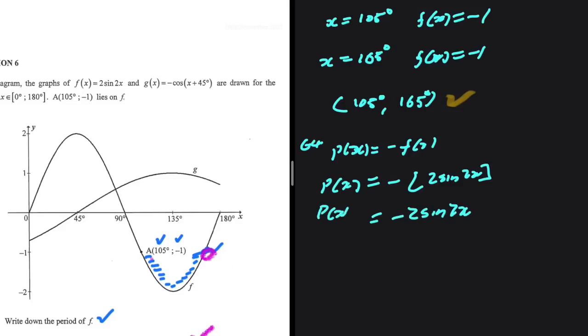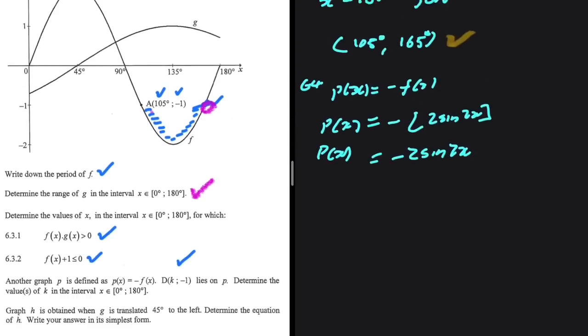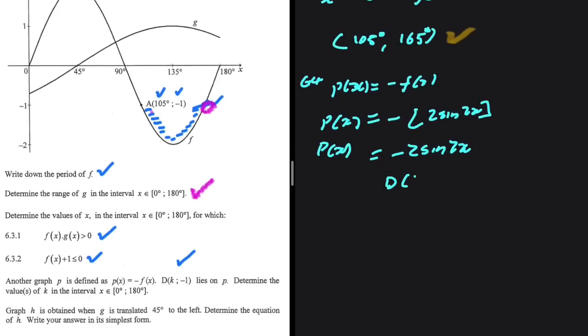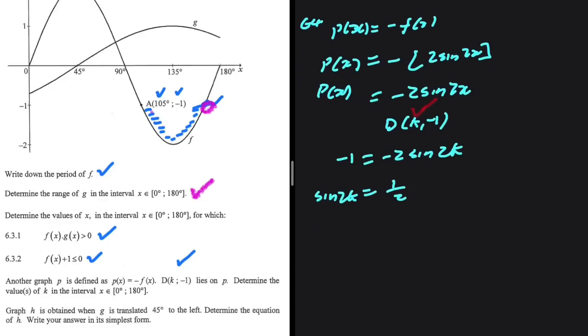This is P of x. And then on P of x, we have a point D of coordinates k and minus 1. We're supposed to find the value of k. So we will simply substitute into P of x. If we do that, the y value is minus 1, so minus 1 equals minus 2 sine of 2k. If we divide both sides by minus 2, we're going to get sine of 2k being equal to 1 divided by 2.